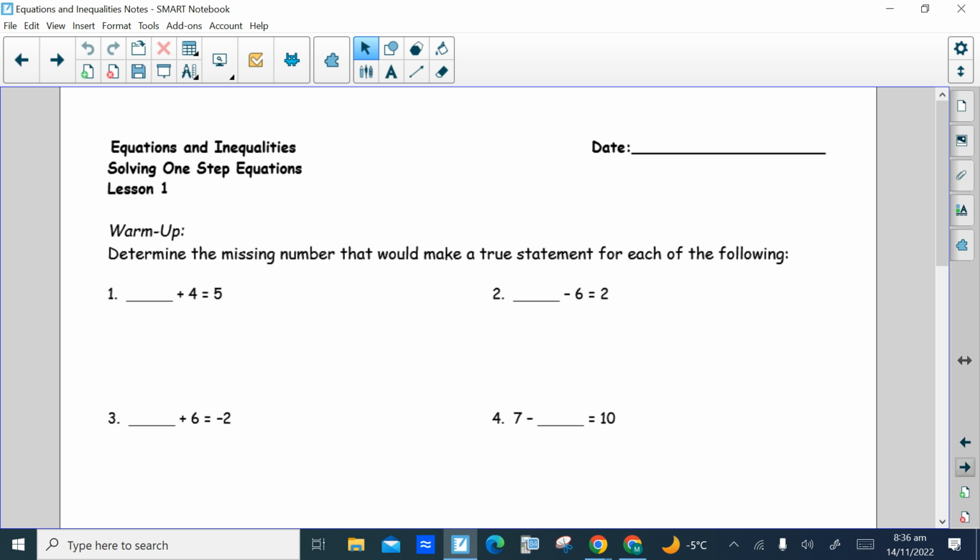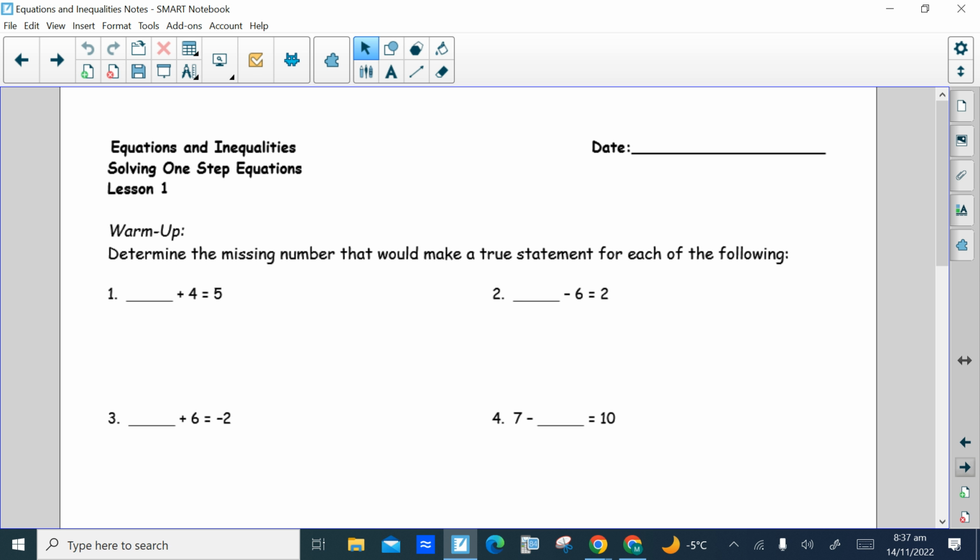Solving an equation means you're given an equation with an unknown component, a variable, a letter. You want to find the value of the variable, what number you need to put in there in order to make the equation true. And we call that solving the equation.